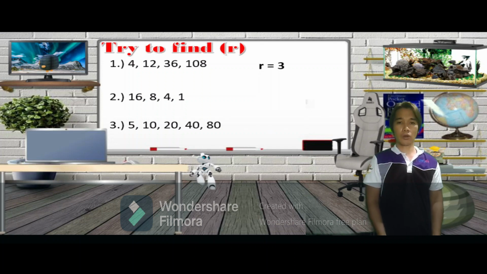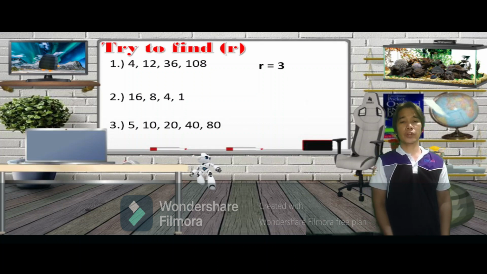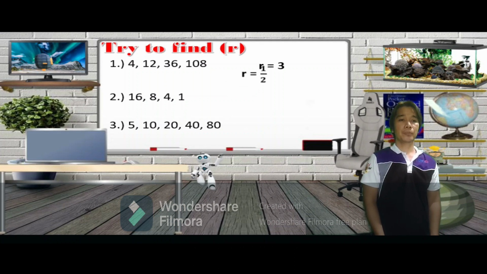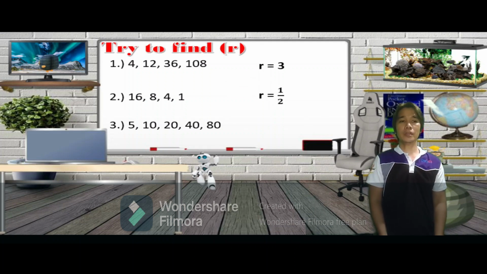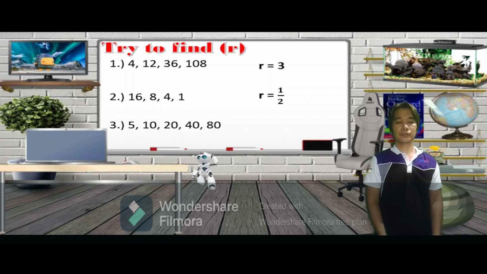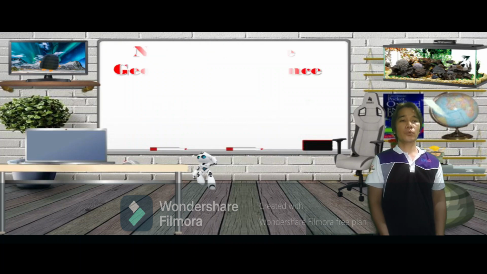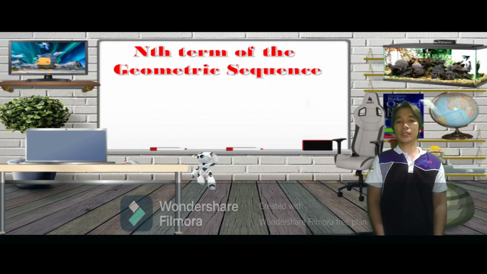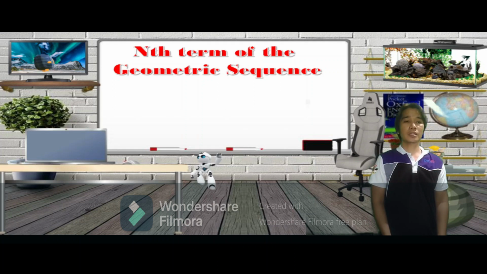What do you think is the common ratio for the given example for number 2? We have 1 half. And for number 3, we have 2.